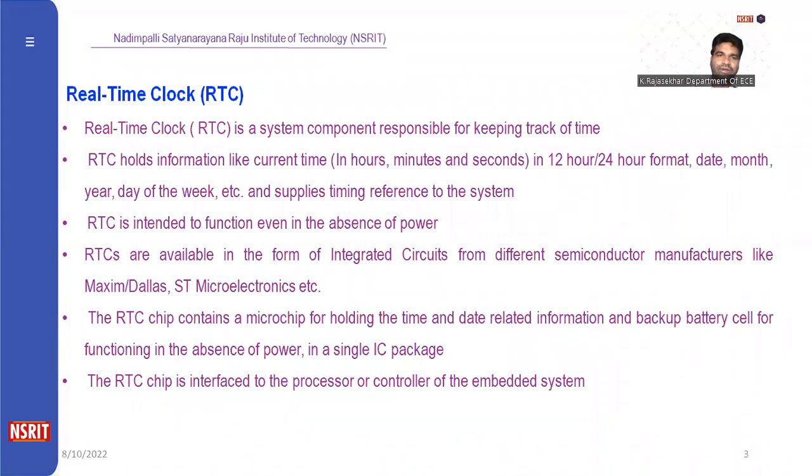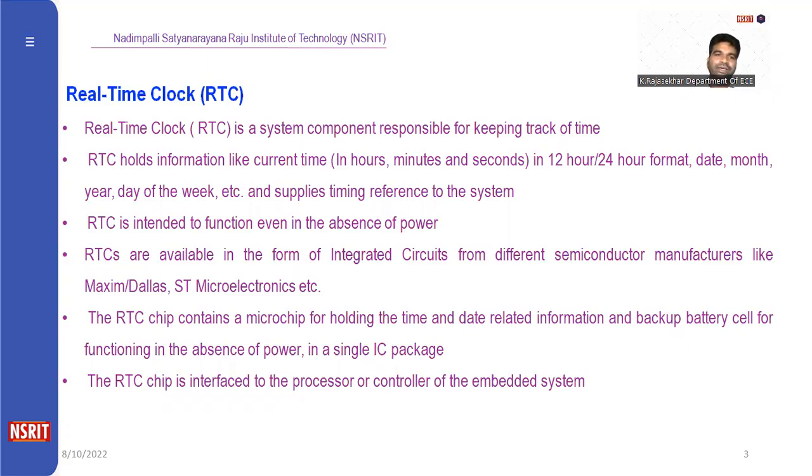So real-time clock is a system component responsible for keeping track of the time. Why? Because this is also an important product in embedded systems. Nowadays, all of the embedded products are operated with the clock. Such types of products need a real-time clock system.